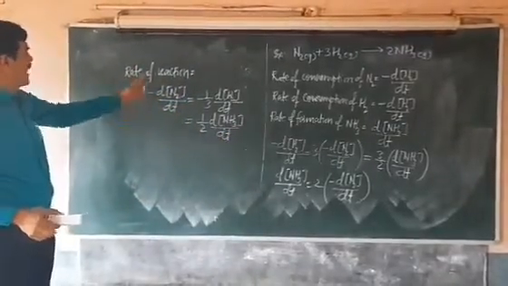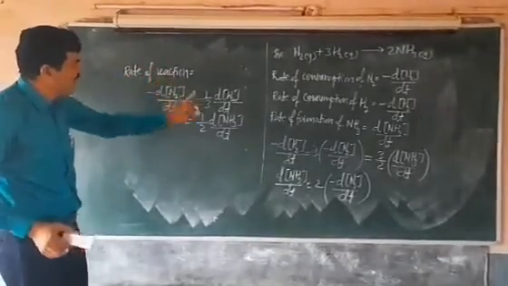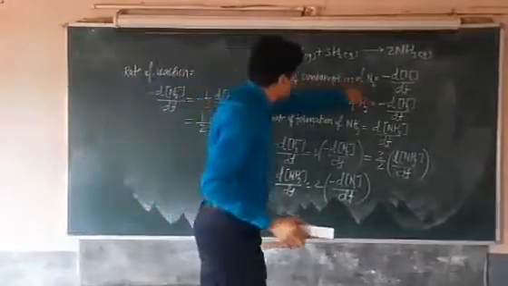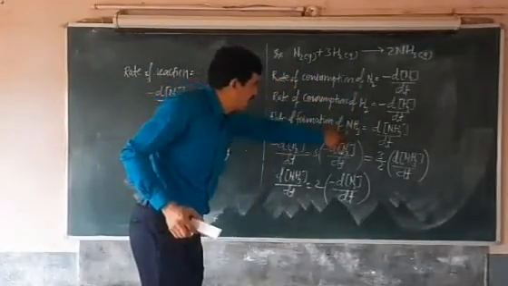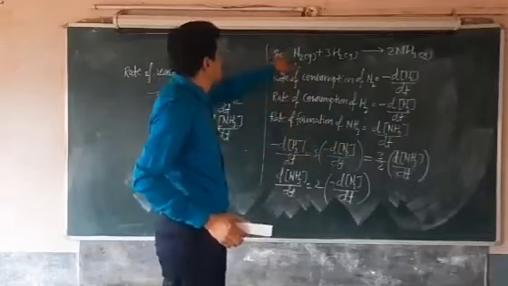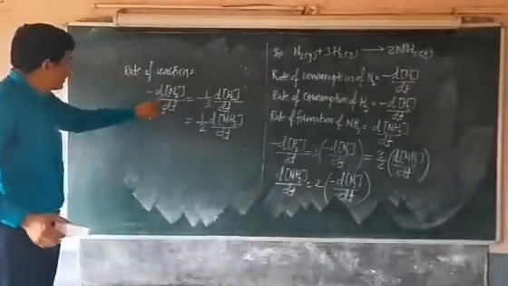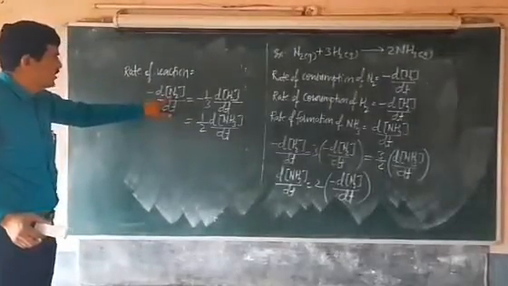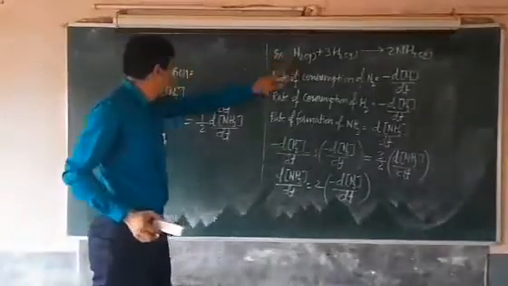So how do you actually find the rate of reaction? To find the rate of reaction, we just have to divide the rate of consumption of any particular reactant or rate of formation of any particular product by its stoichiometric coefficient. Here this is the rate of consumption of nitrogen, which is divided by 1 because the stoichiometric coefficient of nitrogen is 1.